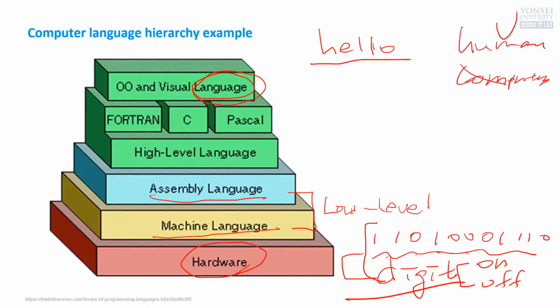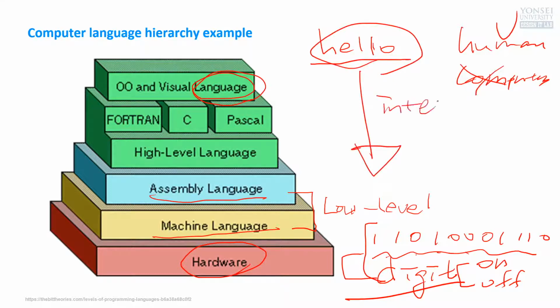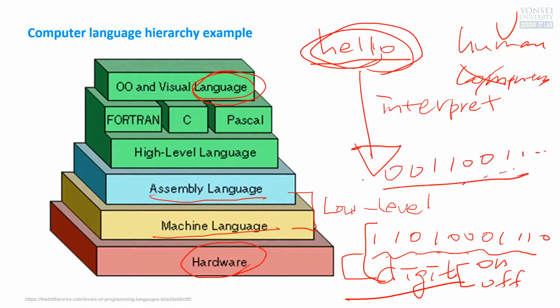Computers cannot understand what you are saying, so you have to interpret this hello to 0, 0, 1, 1, 0, 0, 1, 1. I'm not sure what it is in bytecode in digital representation, but something should be interpreted in this way.